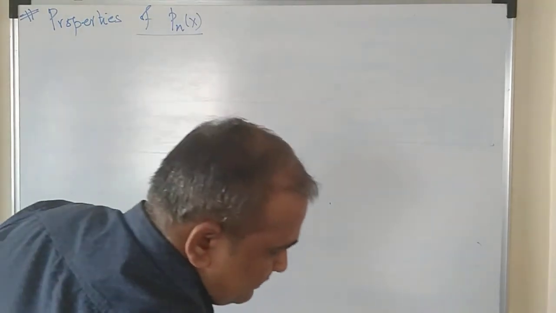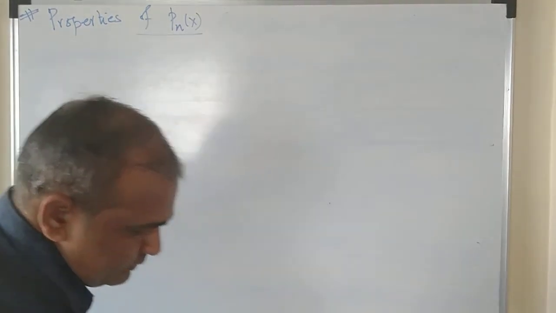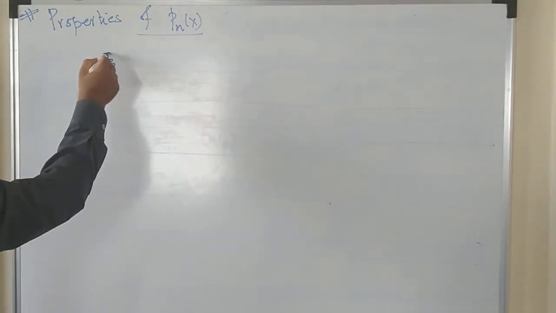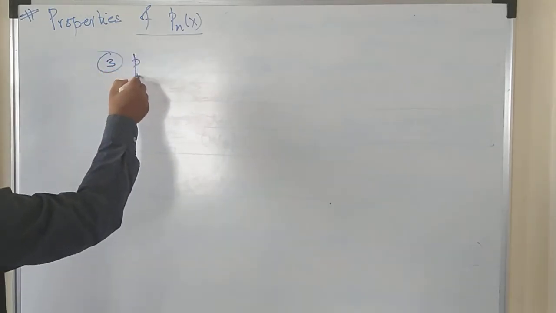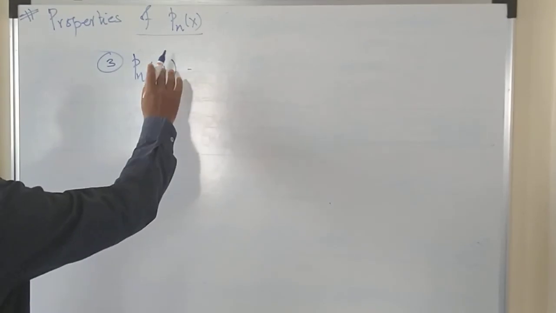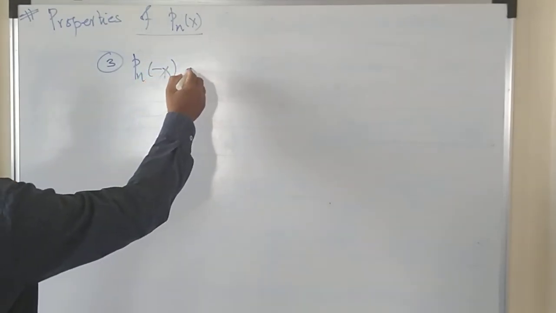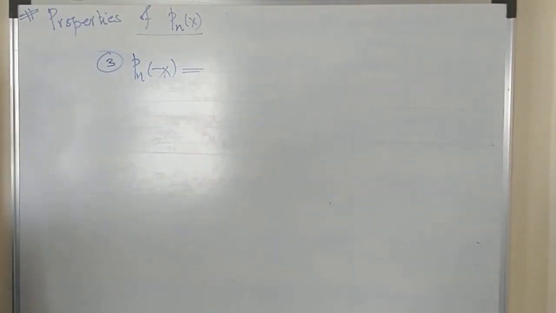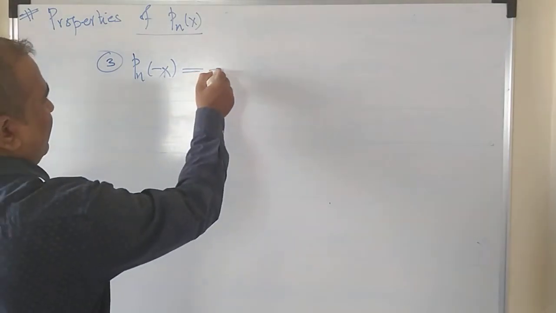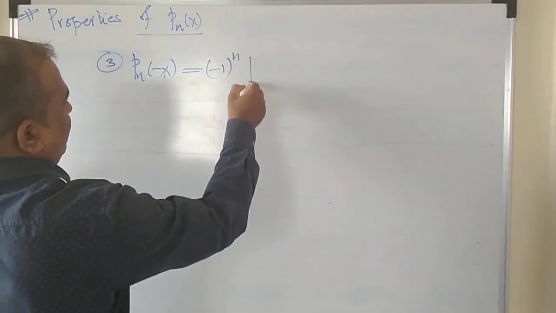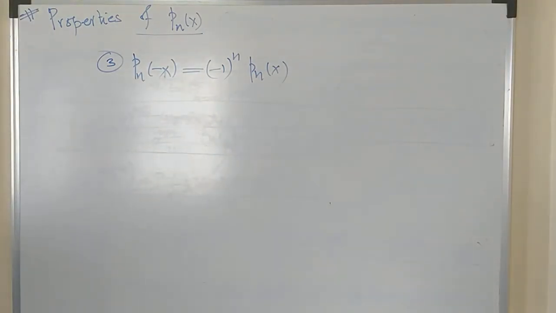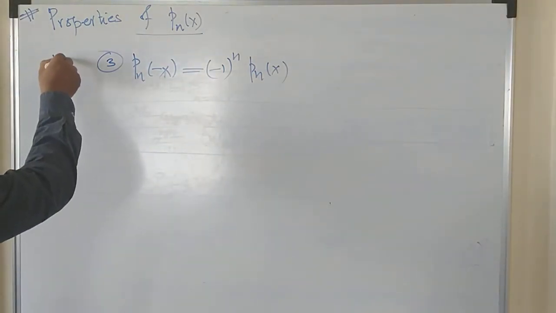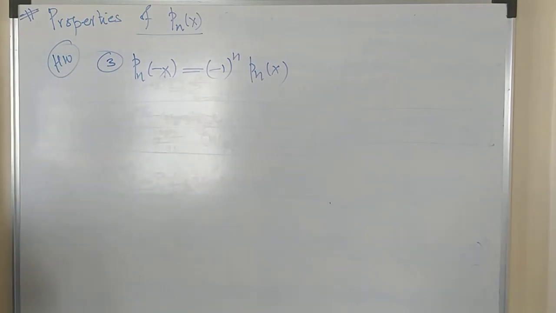Third property: Pn of minus x is equal to minus 1 raised to n Pn of x. This is a homework problem for you.